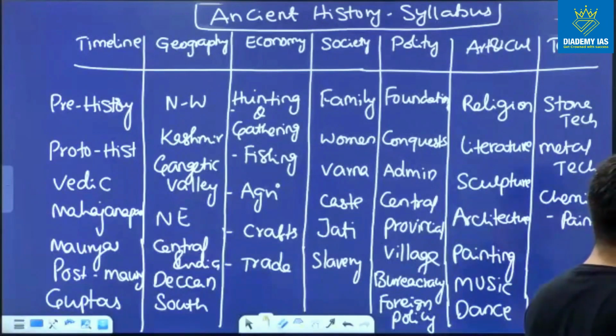Because space is this much only. Ultimately you could elaborate each and every dimension if you were given space, but UPSC is not giving you space. That's why you have to bring all the dimensions into this space. You need to mention the dimension, but reduce the description.